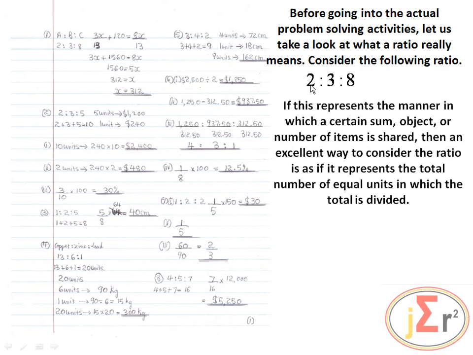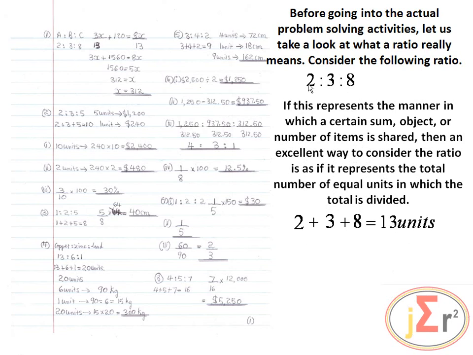However, this one gets 2 units, this 3 units, and this one 8 units. Therefore, the entire amount is actually equal to the sum of those 13 units.